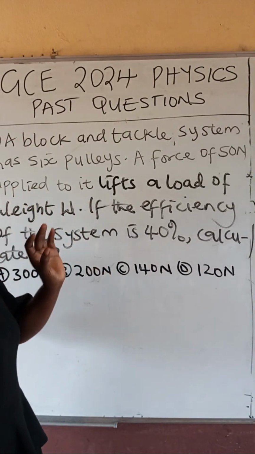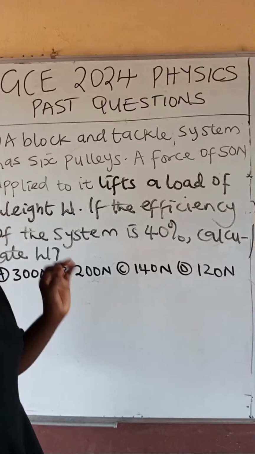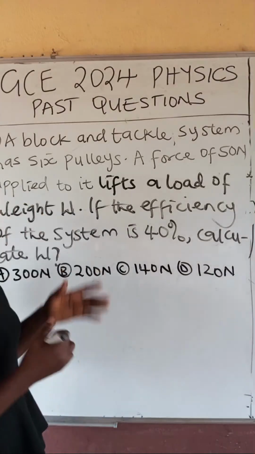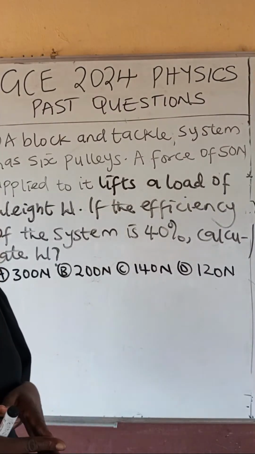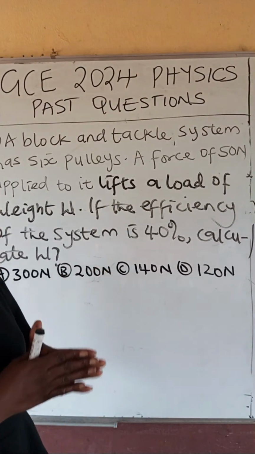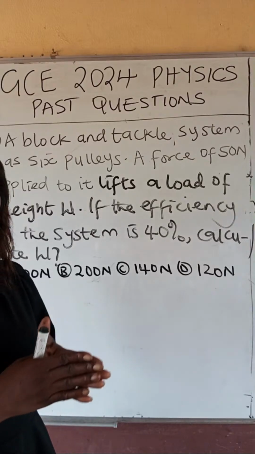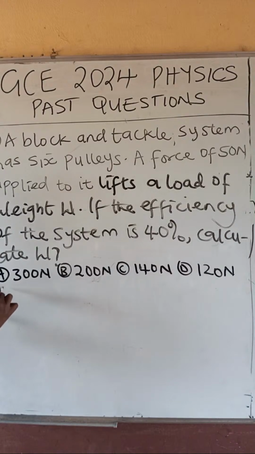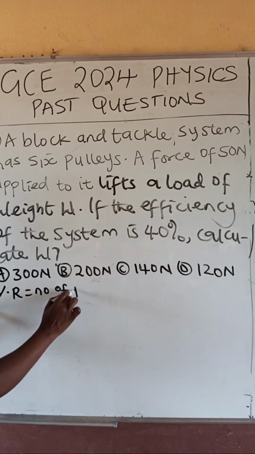Now, in a block and tackle system of pulleys, the number of pulleys is equal to the velocity ratio. Since the number of pulleys given in this question is 6, that means the velocity ratio is equally 6. Okay?